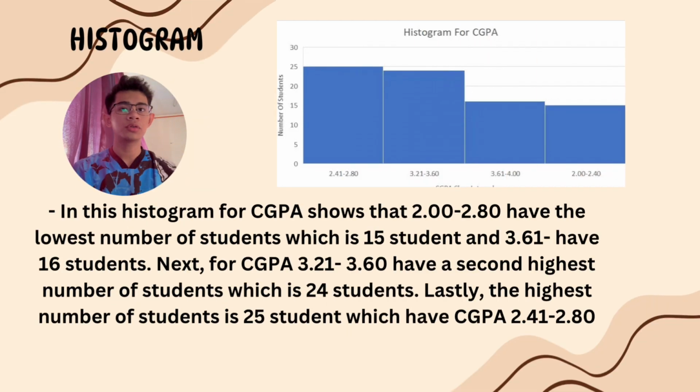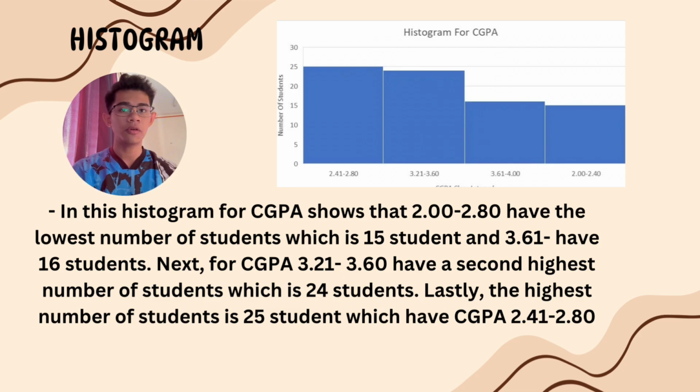Now we are going to interpret the histogram for CGPA. This histogram for CGPA shows that 2.00 until 2.40 have the lowest number of students, which is 15 students, and 3.61 until 4.00 have 16 students.